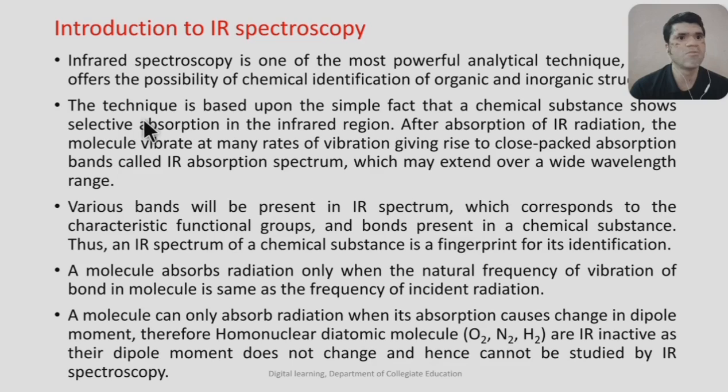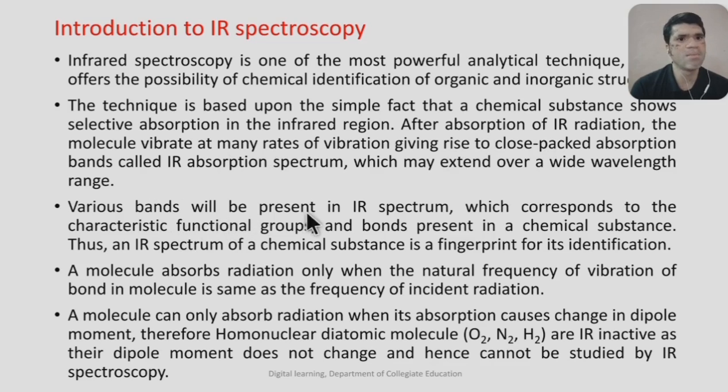Once we pass the IR radiation on the molecule, the molecule shows selective absorption. The absorption of radiation depends upon the type of bonds present in the molecule, and therefore it gives an opportunity for structural identification of the molecule.